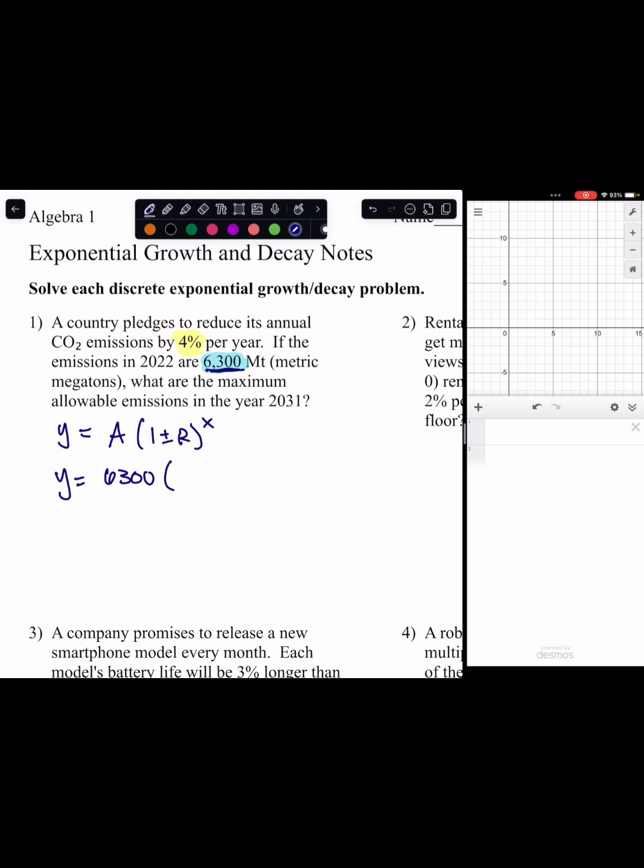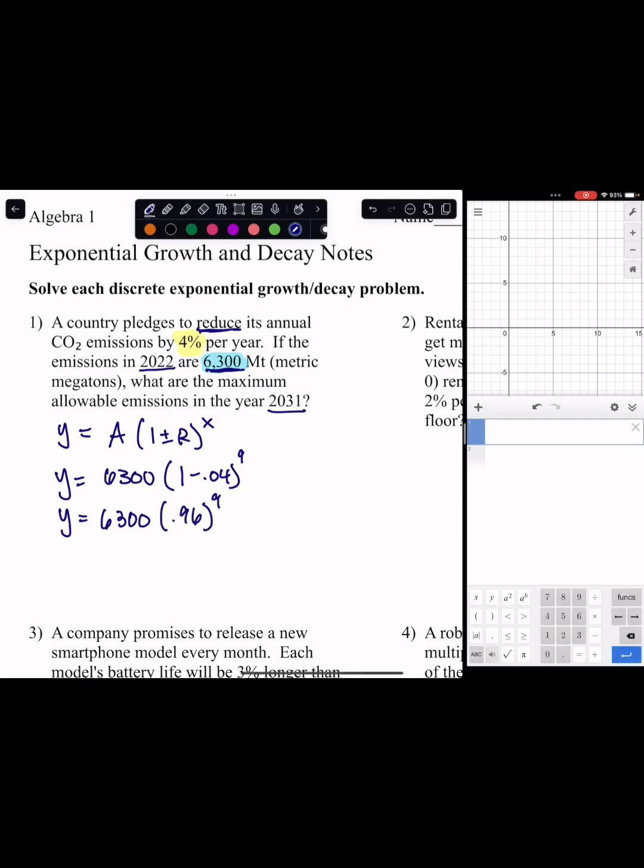Now we've got to do our rate. We've got to do 1, and this says reduce, so we've got to take away 4%. And then how much time is it between 2022 and 2031? That is 9 years. Okay? So Y equals 6,300, and if I do $1 minus, say, 4 cents, that's going to leave me at 96 cents, to the 9th.